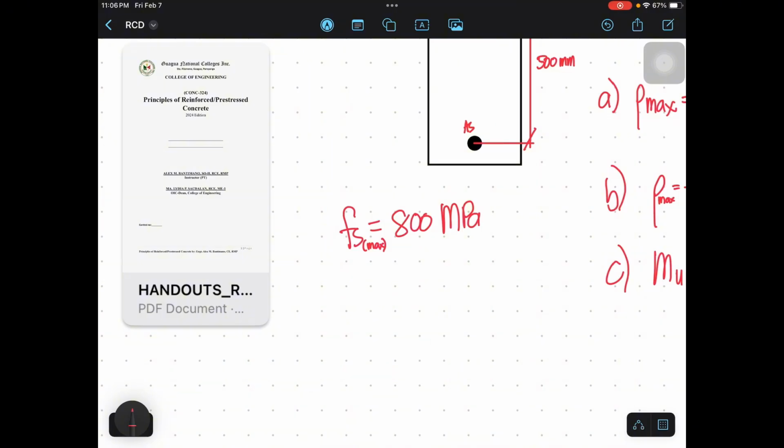And Fs is equal to 1000 megapascal if the reduction factor is 0.9, or simply tension controlled.